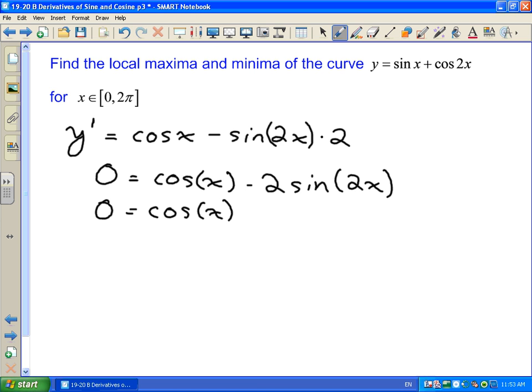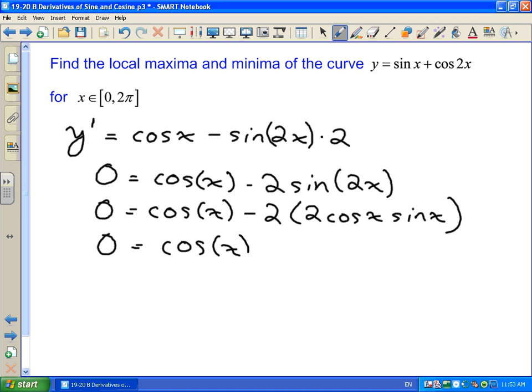The identity that we're going to apply here looks like this. Sine 2x is 2 cos x sine x. So there's our identity. Let's see.